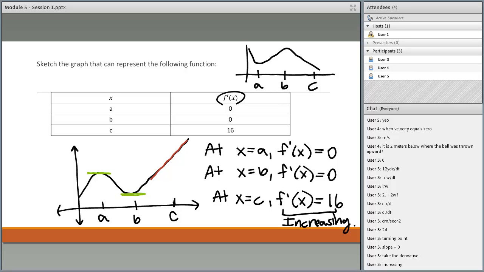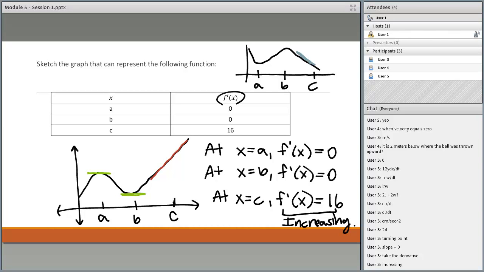If I had drawn it this way, where the graph is changing direction at A and changing direction at B, well, unless it changes directions again between B and C, which we weren't given any information about, this graph would represent a negative value at C. And we were told that C is positive. So that's why the graph up in the right corner is not right. It wouldn't work because that would represent a negative derivative for C rather than a positive derivative.